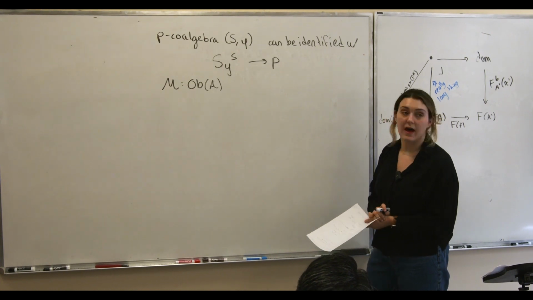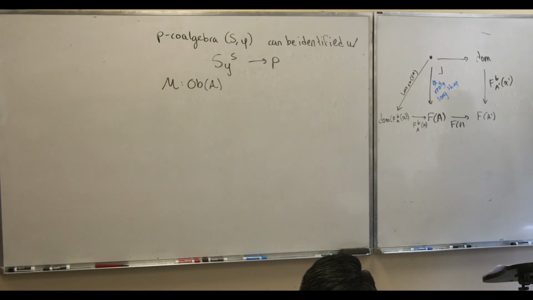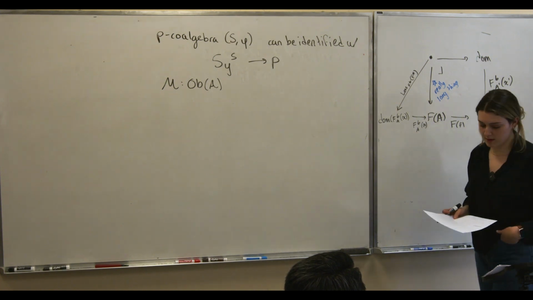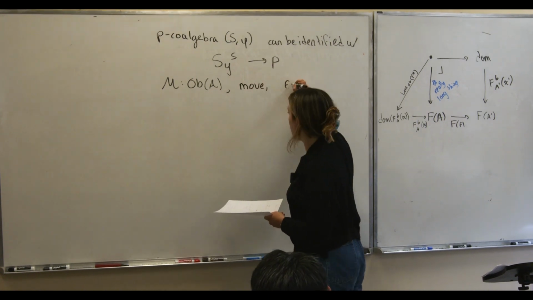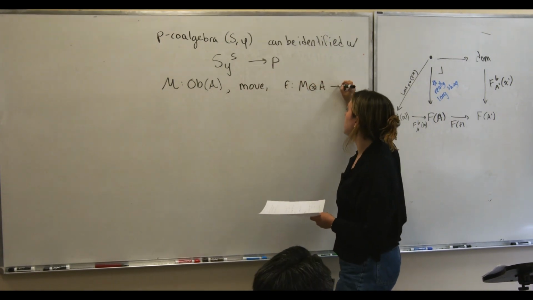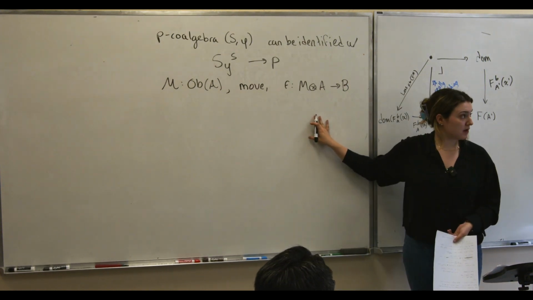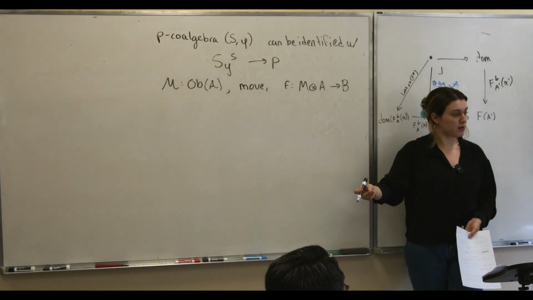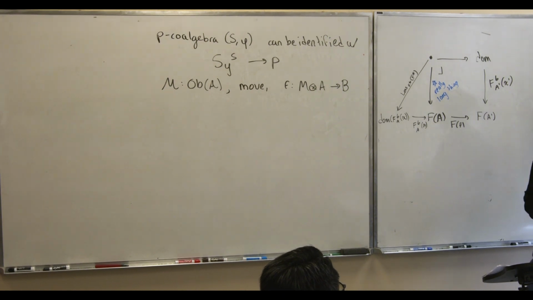And we're going to let move be something in set sliced over f of m that has the same domain and codomain as pm, is what this means. And then we'll let f from m o times a to b be an arrow in our category A. So move is going to tell us how to update. It's going to tell us how to move a parameter. And then f is going to be like an implementation.